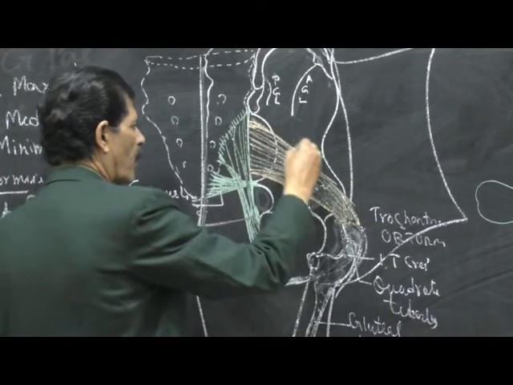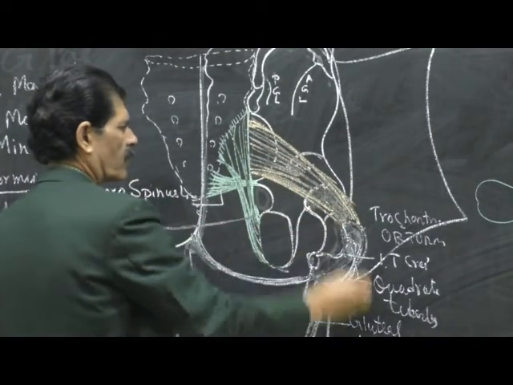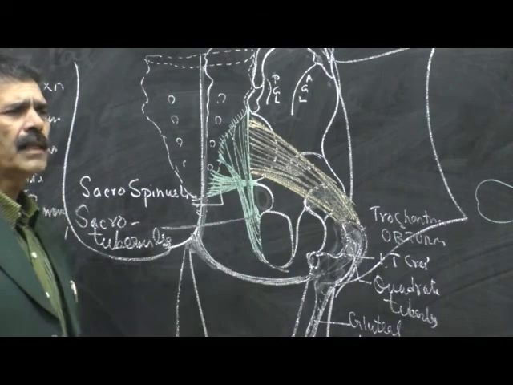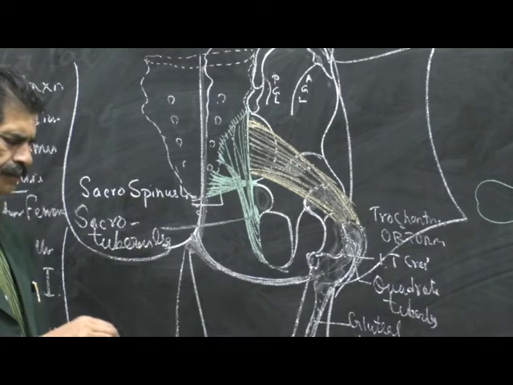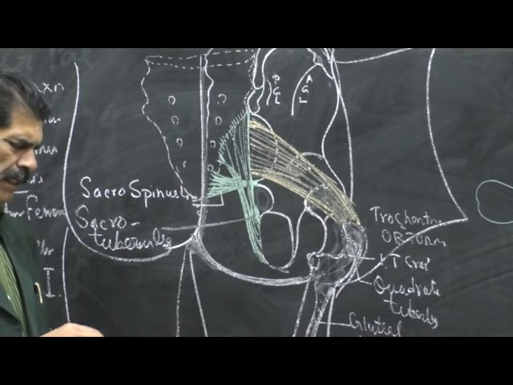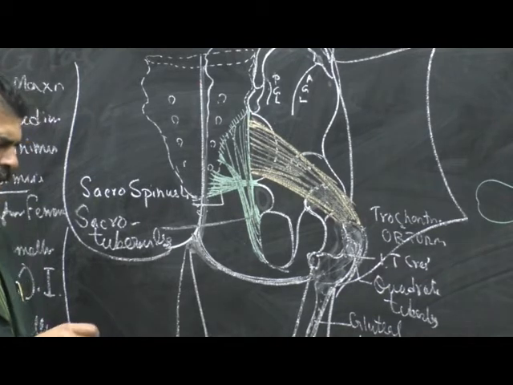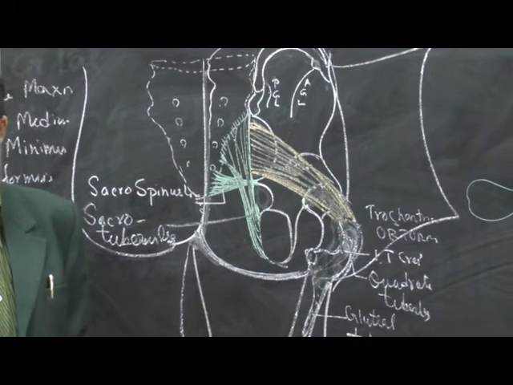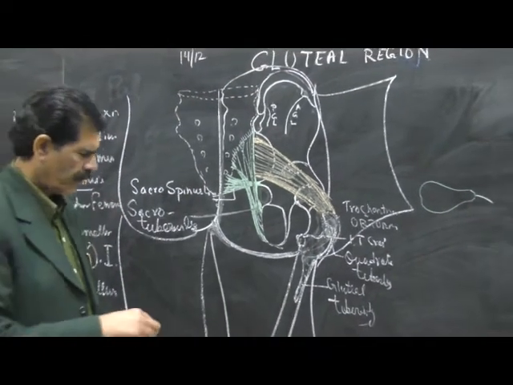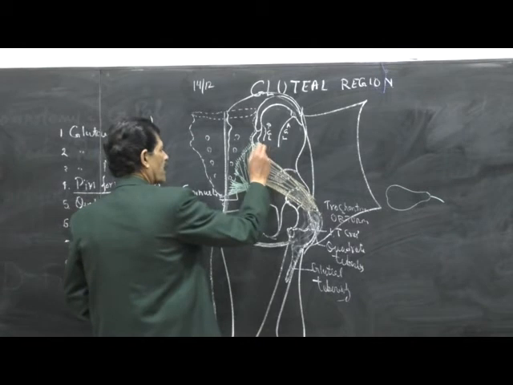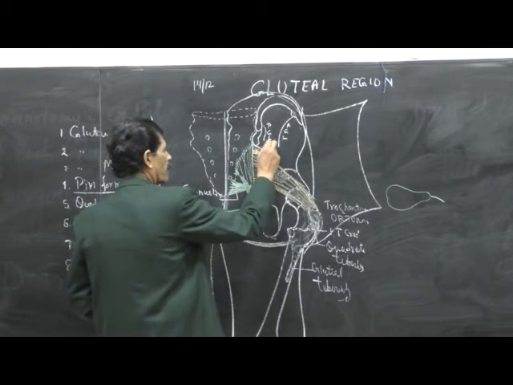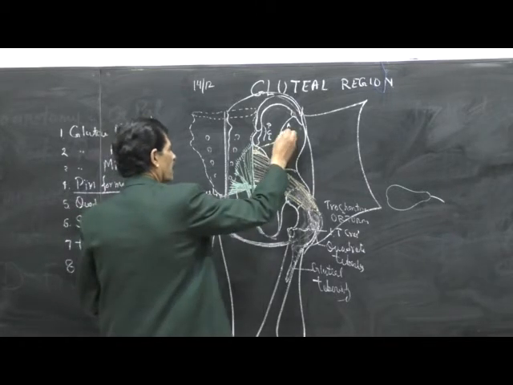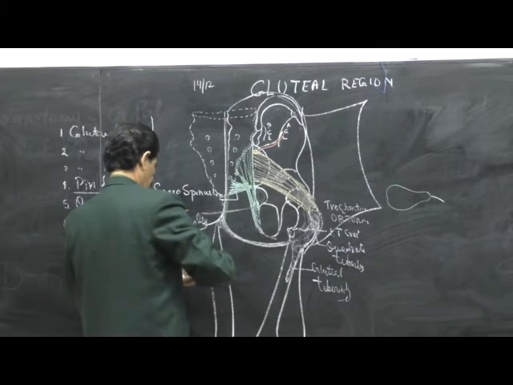This is its superior border, this is its inferior border. So many structures are related to the superior and the inferior border of the piriformis. The structures related to the superior border, coming out of the greater sciatic foramen and running upward, are a nerve, an artery and a vein.